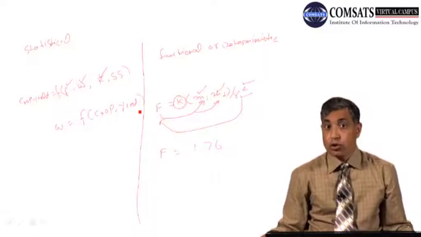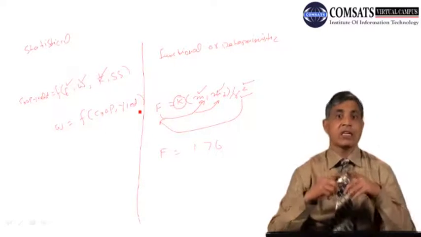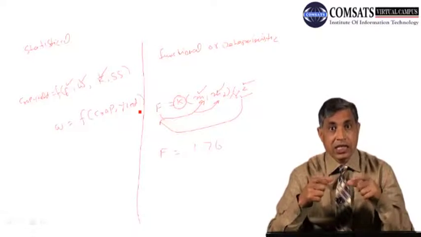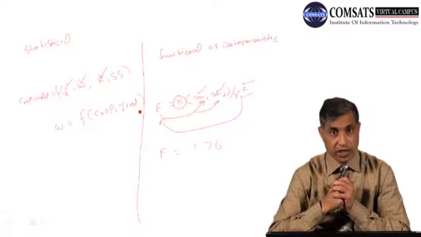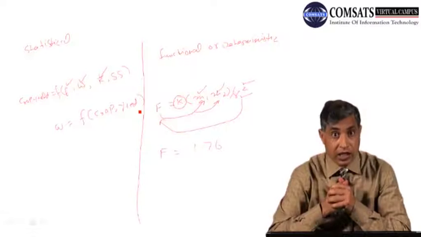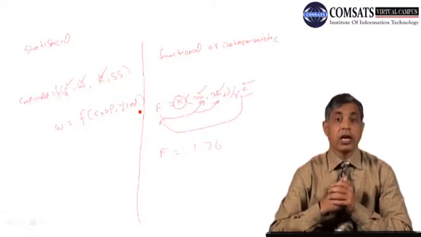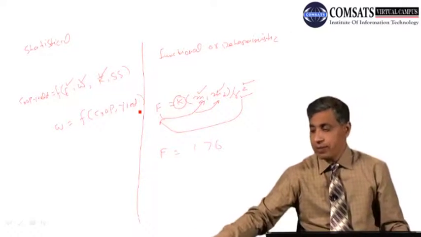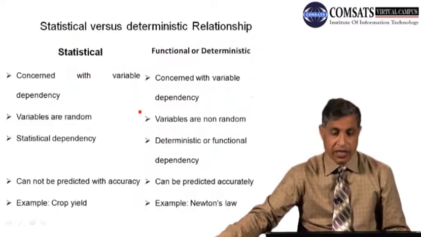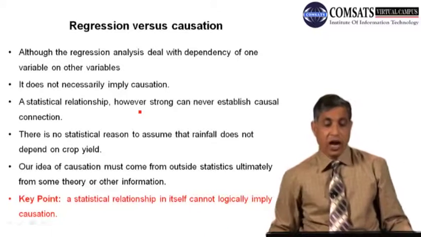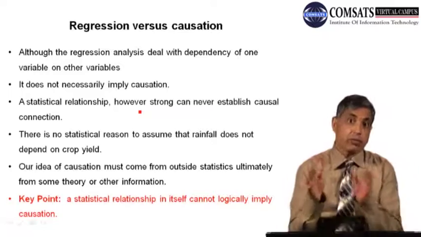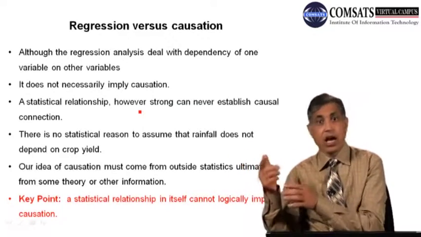So what this means is, never think that whenever there is dependency between the variables in the regression set, there is a causal statistical relationship between the variables. It is not necessarily that they are causing each other. Then from where do we come to know that the variables are causing each other? The idea of causation always comes from outside the statistics.